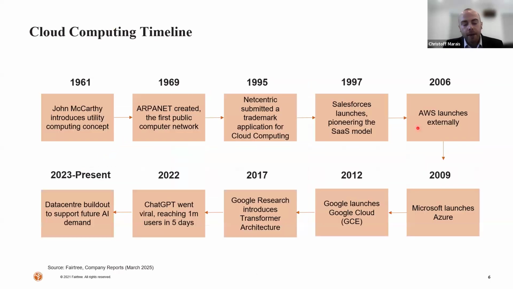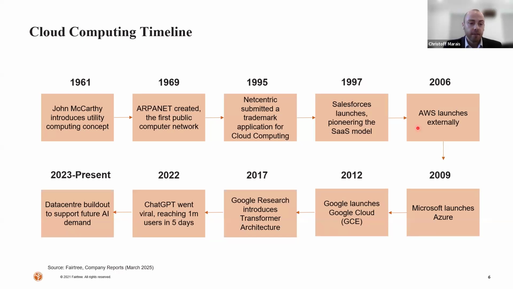When looking at a new industry, I like to go through the timeline of all the building blocks, the developments that happened to get to where we are now. Looking at cloud computing, its origins are already in 1961. Those who might not know, John McCarthy was a very smart computer scientist, and he was actually one of the founders of the discipline of AI.